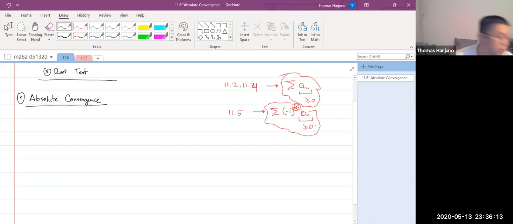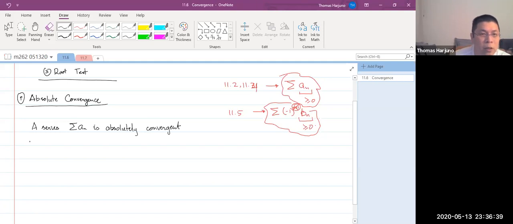Now, what is absolute convergence? Absolute convergence is the following: a series, the sum of a sub n, is absolutely convergent if the sum of the absolute values of the terms is convergent.